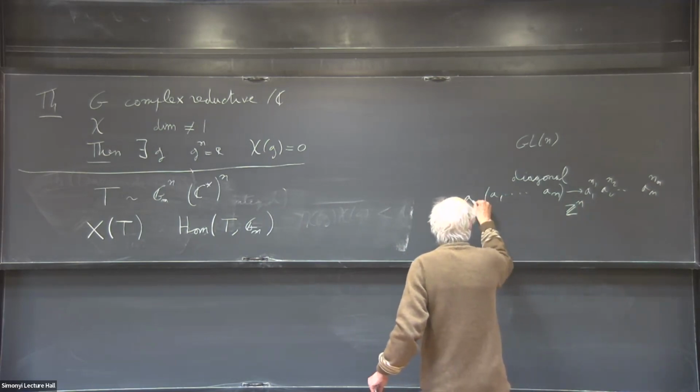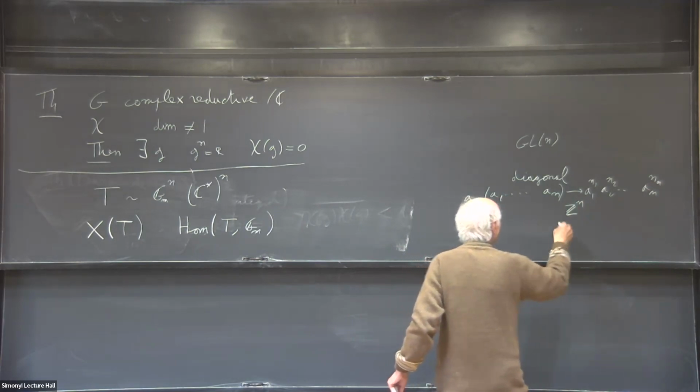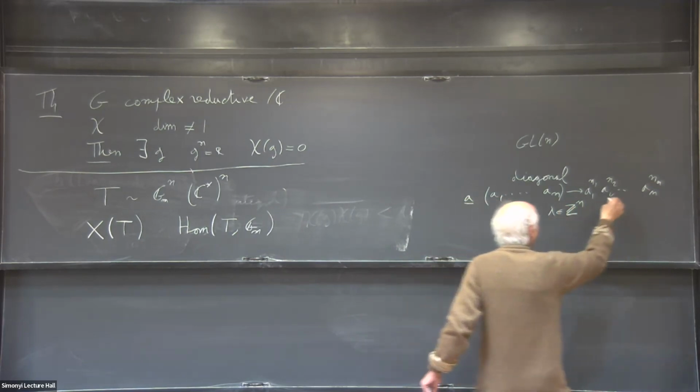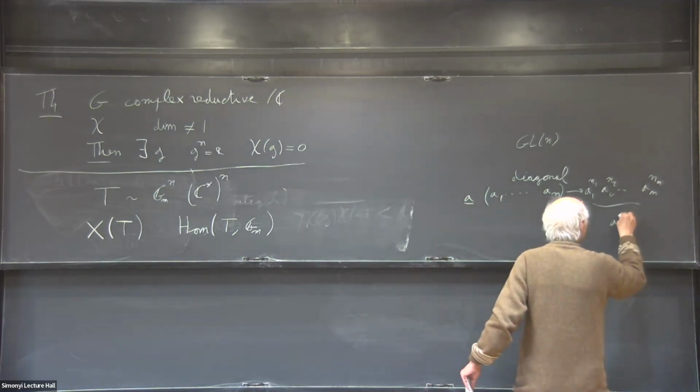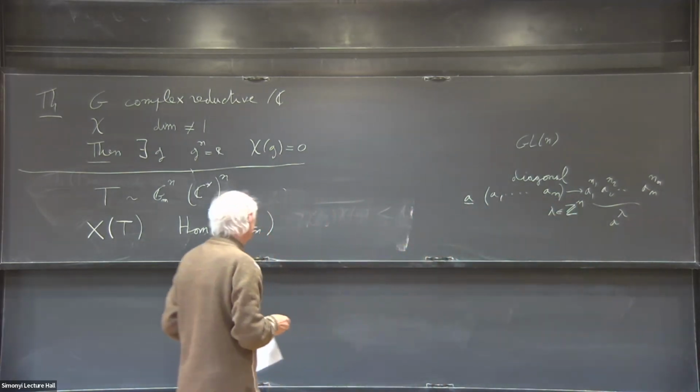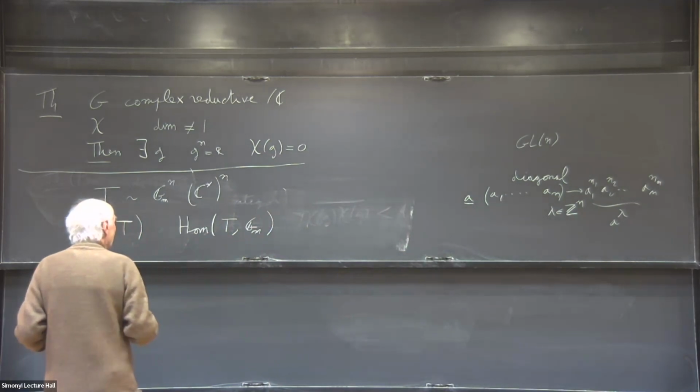If I have a for the diagonal matrices, and if I have lambda in Z^n, I will write a^λ as being the product of a_i^{λ_i}.